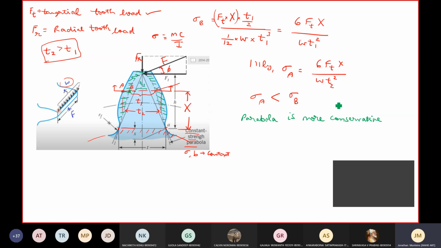According to the equation the stresses will change, but whatever happens, this particular tooth profile will not be able to stand the load itself. So this parabola structure is what we call more conservative. The constant-strength parabola is described for that purpose. Anywhere outside, if you add some extra material, sigma is always going to be less. So the parabola structure is what we would like to maintain.